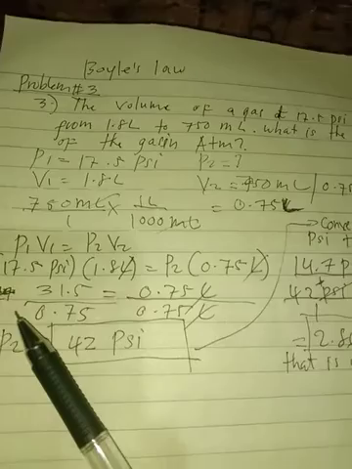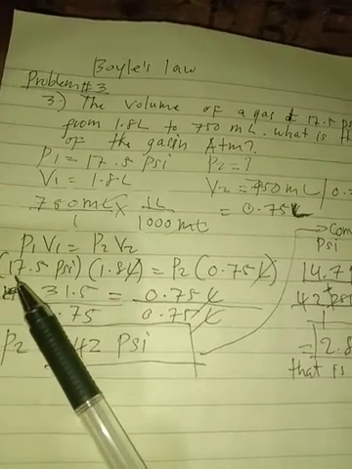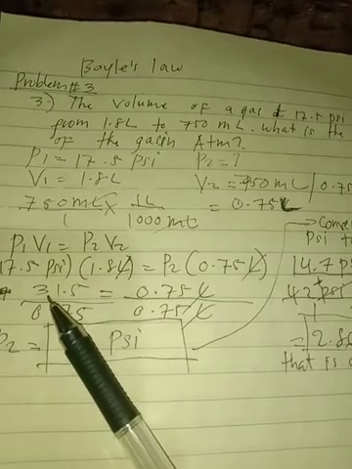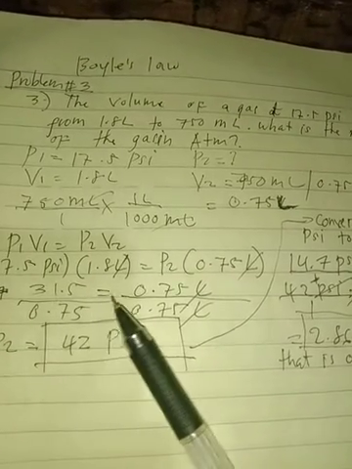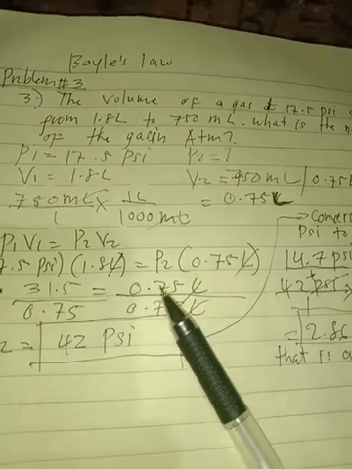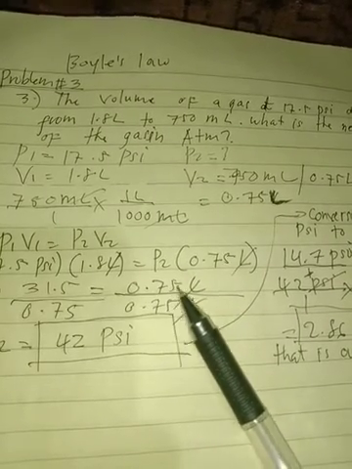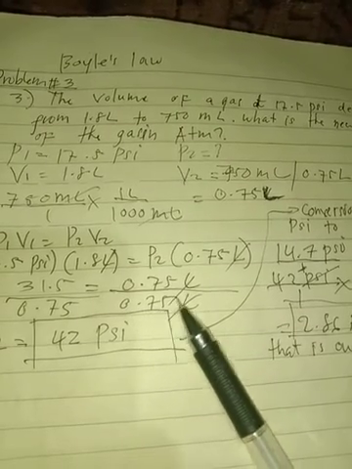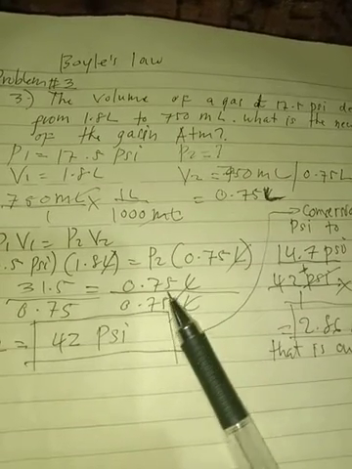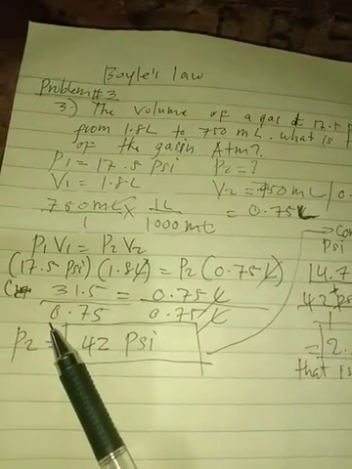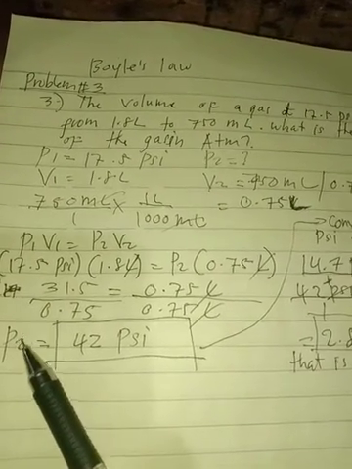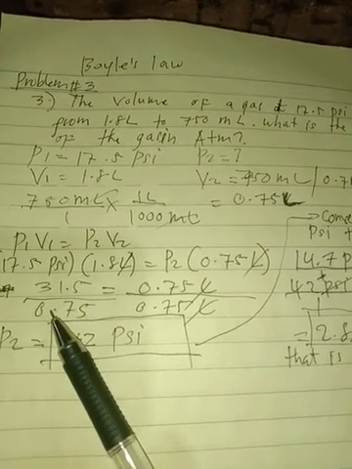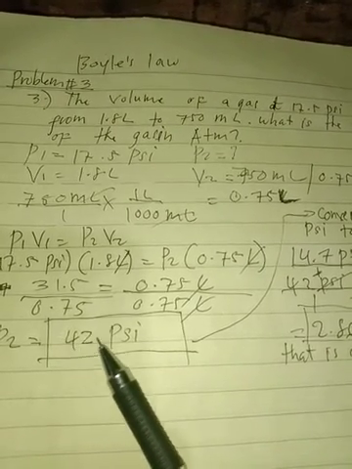We multiply P1 and V1, the answer is 31.5, equals to, copy here the volume 2, 0.75 liter, and then divide both sides by 0.75. Cancel liter. So our P2 is 31.5 divided by 0.75, the answer is 42 psi.